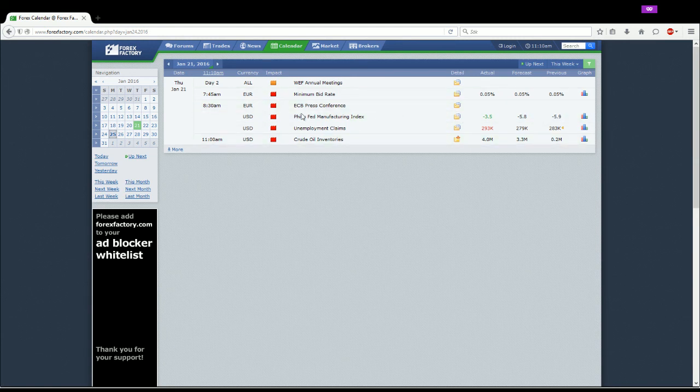Even though you're not trading the news itself, you should always look here on Forex Factory, because it will change the way the prices move on the charts. It might go against the things that your strategy is telling you. So check the news, and if there's news, avoid trading.